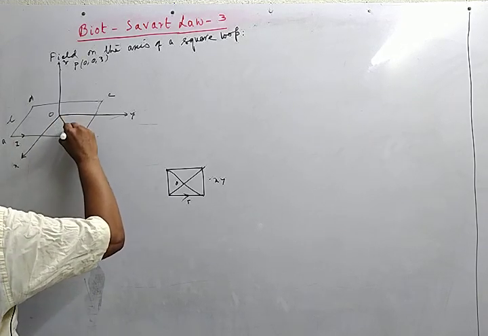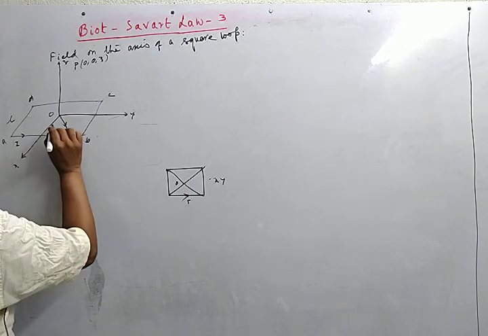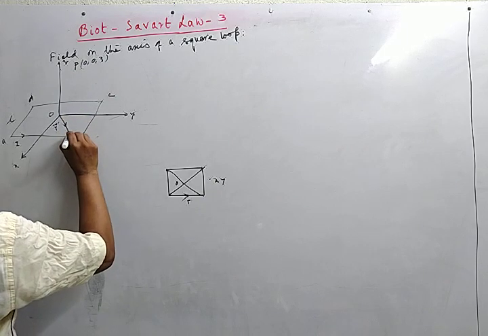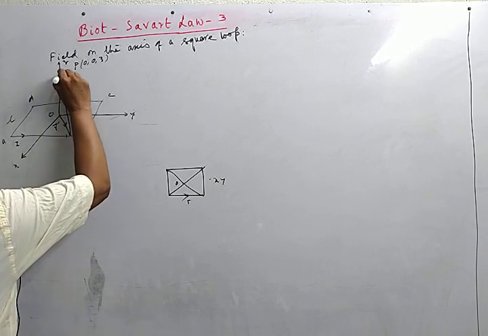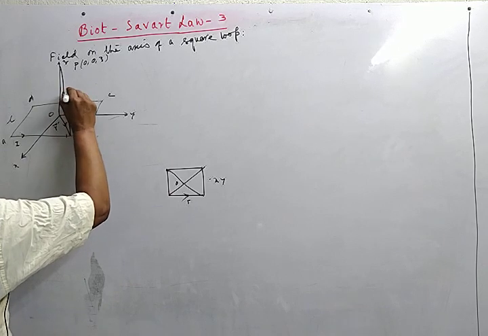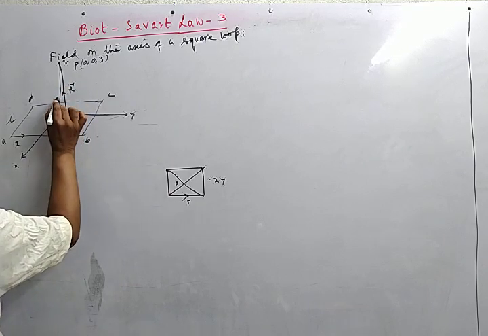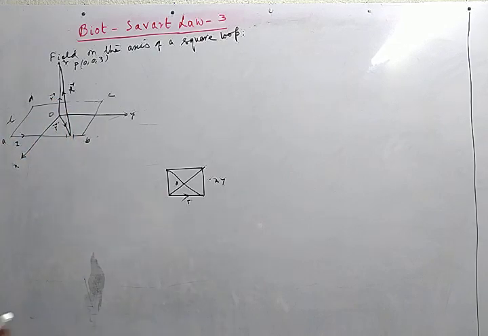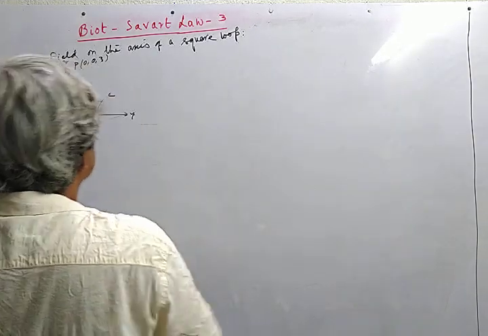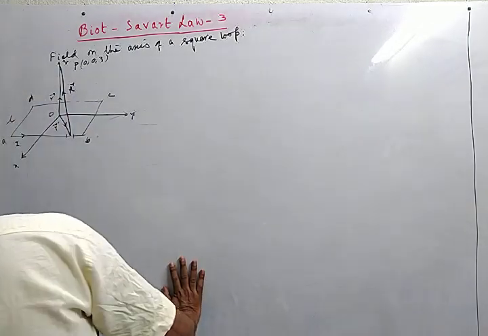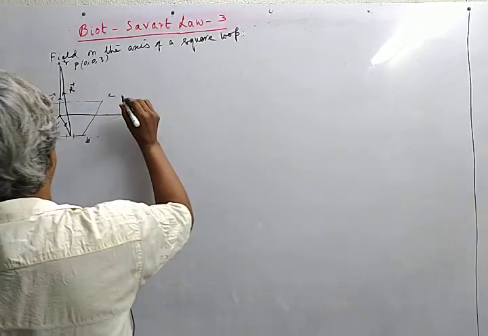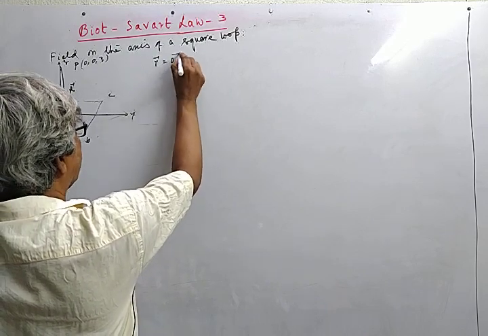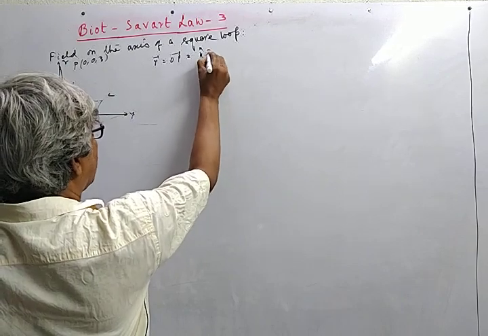And we consider a source point here. So this is the coordinate r prime. This is capital R. For this, the field point has the coordinate OP. R is equal to OP. As per our choice, this is k cap z.